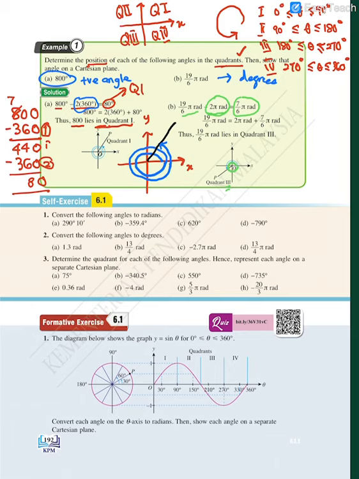Sorry, maksud teacher macam ni. Okay, 2 pi radian teacher ni adalah 360 darjah baru. Sebab dia pi radian dia kan 180. So, bila dia 2 pi radian, dia 360 darjah. Maka kita pusing sekali sajalah. Macam tu. Sorry.